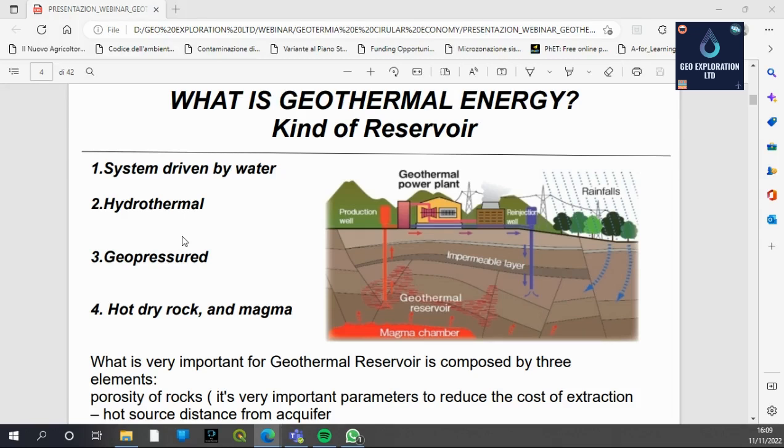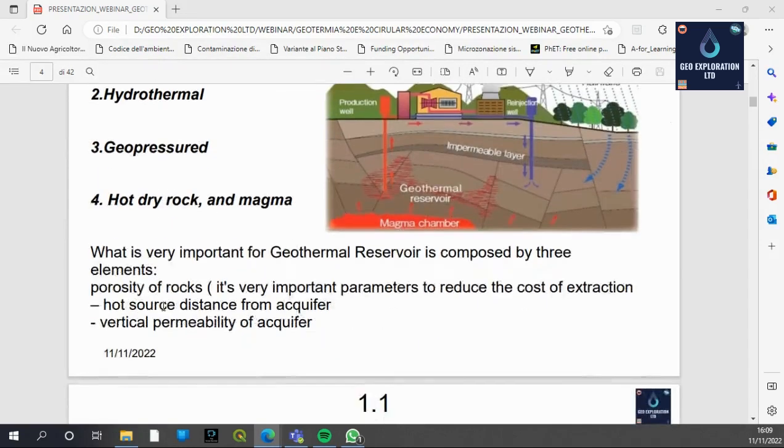So we have hydrothermal systems, with clear manifestations of hydrothermal phenomena, like sulfur or geysers, and also geopressure, hot dry rock and magma.